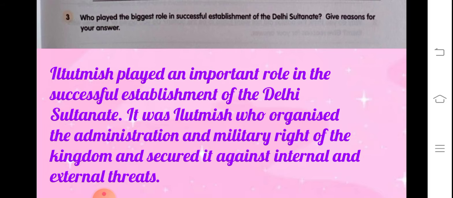Don't erase, only match your answers. Iltutmish played an important role in the successful establishment of the Delhi Sultanate. It was Iltutmish who organized the administration and military of the kingdom and secured it against internal and external threats.